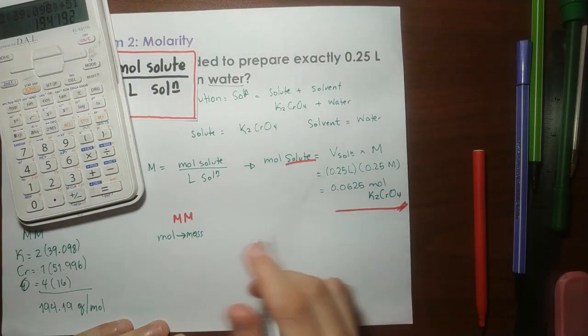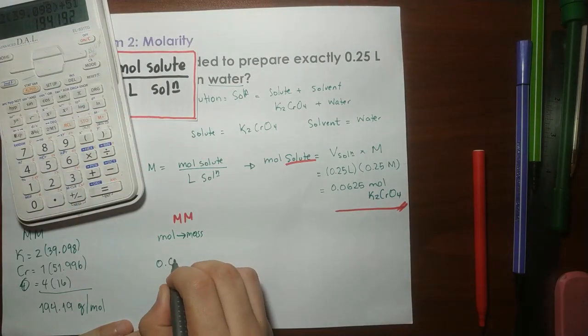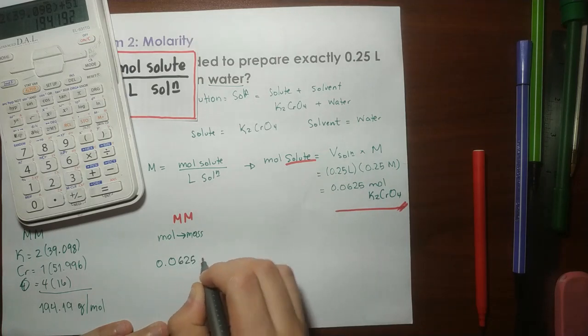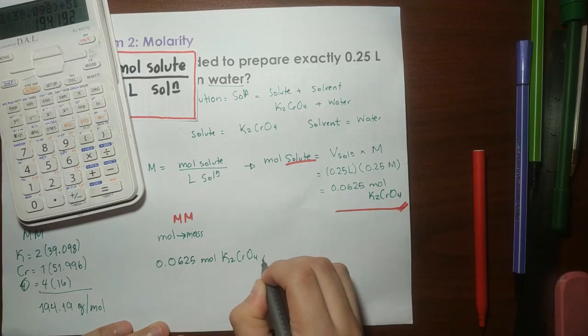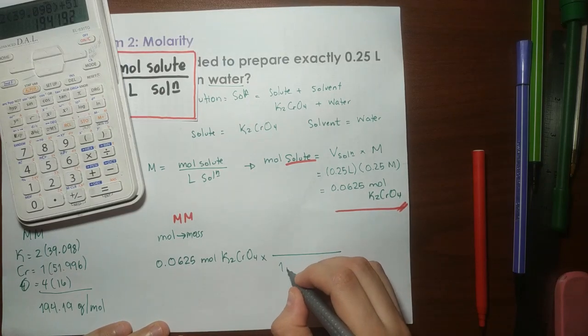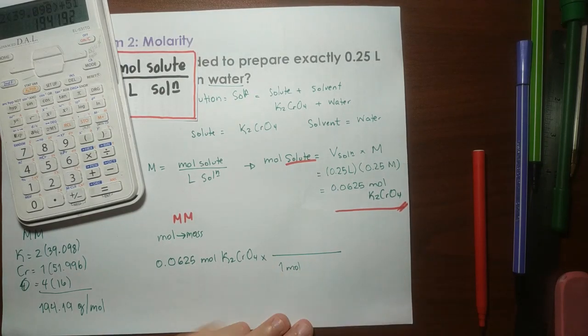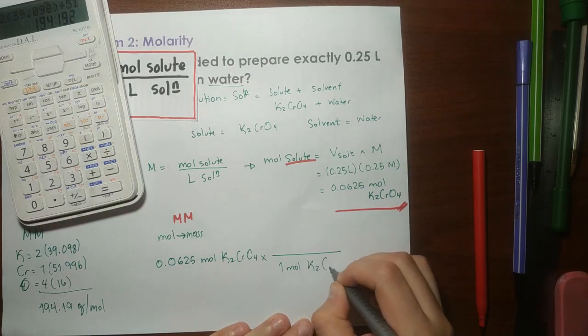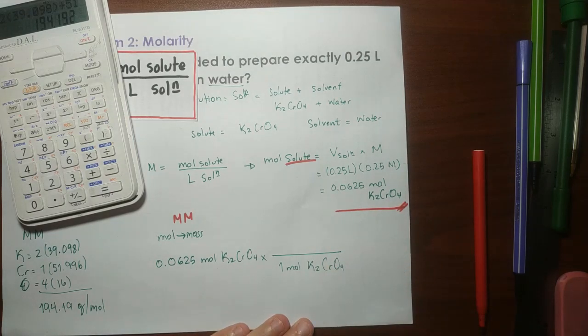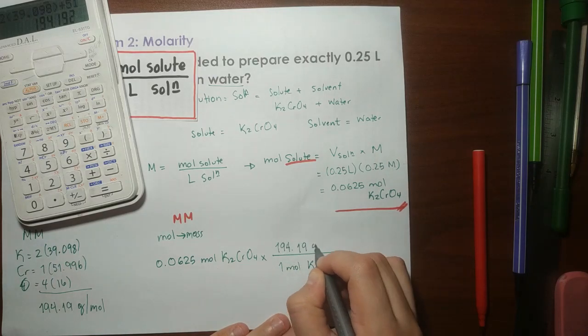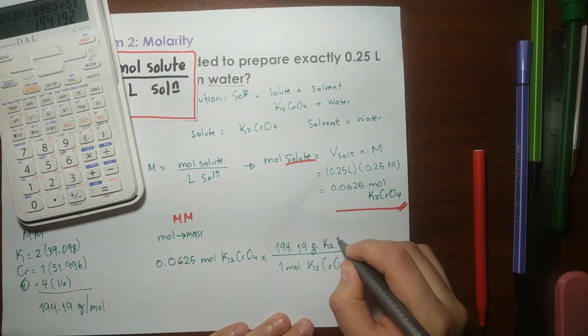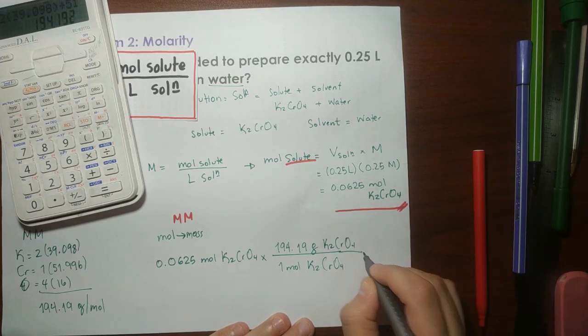So I will do the conversion right now. From moles to mass, I have my given, 0.0625 mole of potassium chromate times, in 1 mole of potassium chromate I have this amount of grams, 194.19 grams of the same substance.